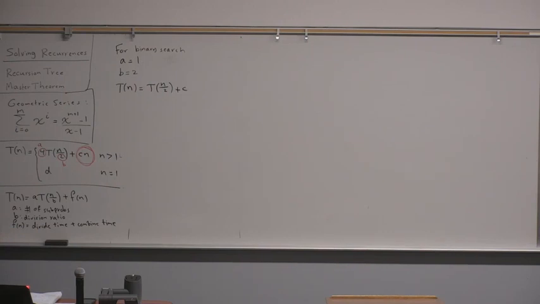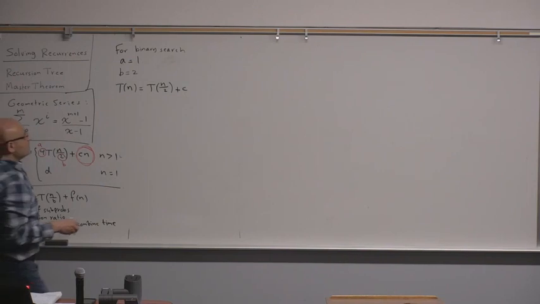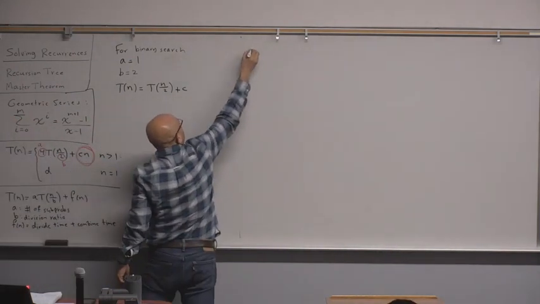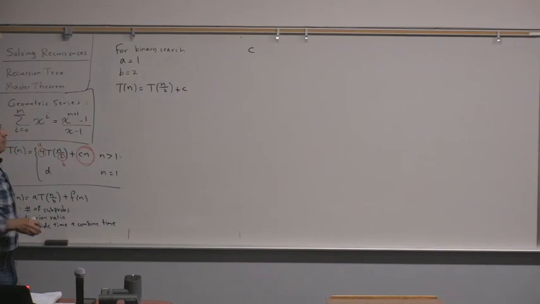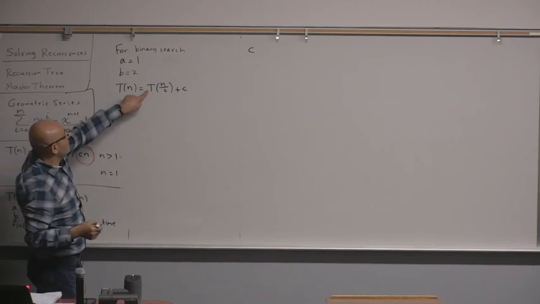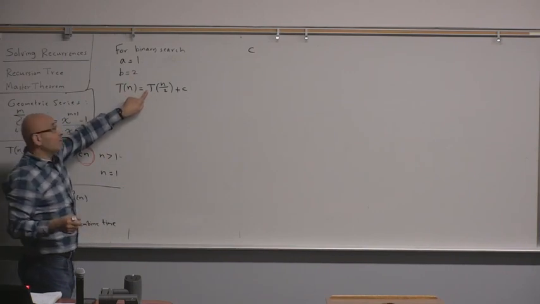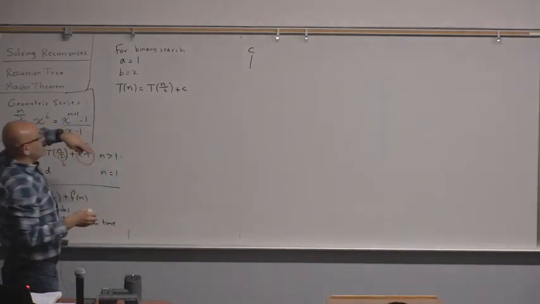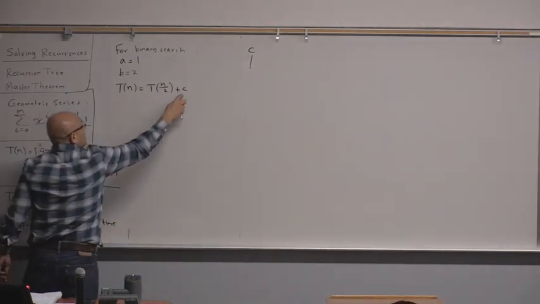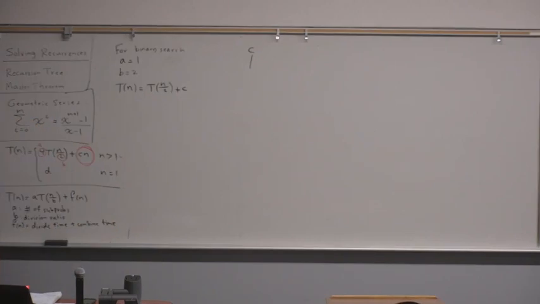Now, how do we draw the tree for this? At level 0, we have C. Now, at the next level, how many branches do we have? It's A, so the number of branches is 1. We only have 1 branch. And this is going to be C, but it's not a function of the size.